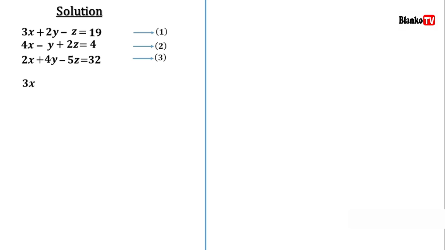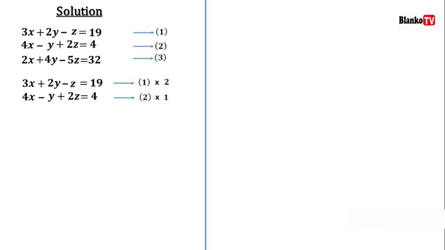Okay, so equation 1 is what? 3x plus 2y minus z equals 19. And then equation 2 is 4x minus y plus 2z equals 4. I hope you are following it. Okay, so let's multiply equation 1 by 2 and then equation 2 by 1.